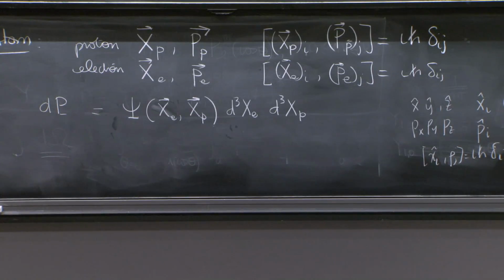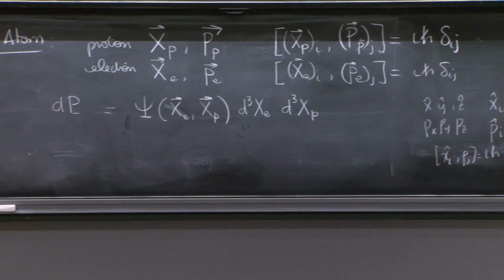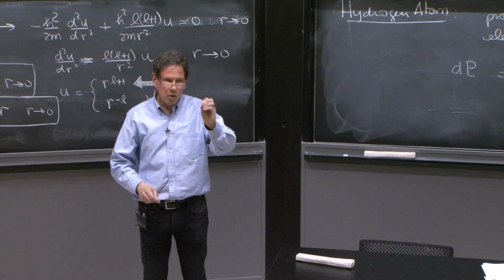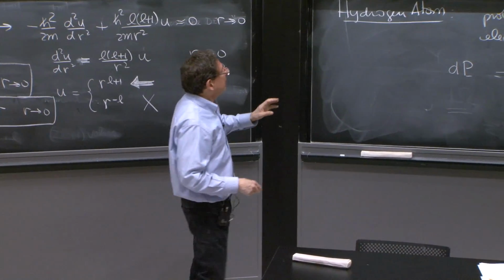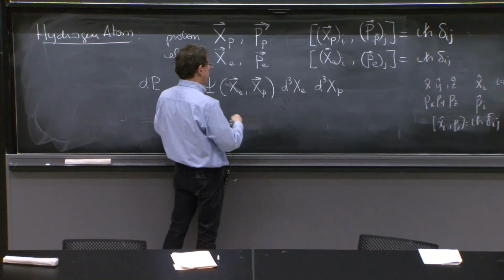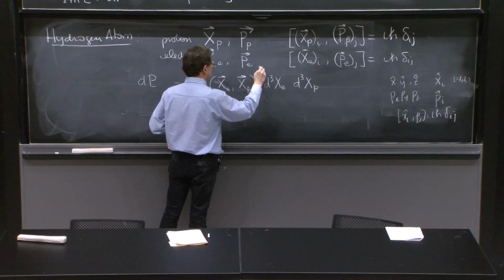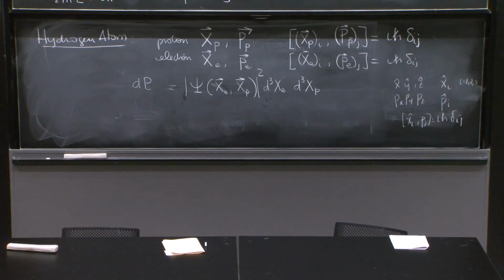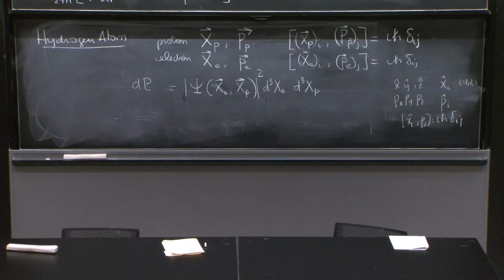And then if you want to see what is the probability to find the electron at some point regardless of the proton, you integrate over the whole proton space. If you integrate this psi squared over the proton, you're left with some probability density for the electron.